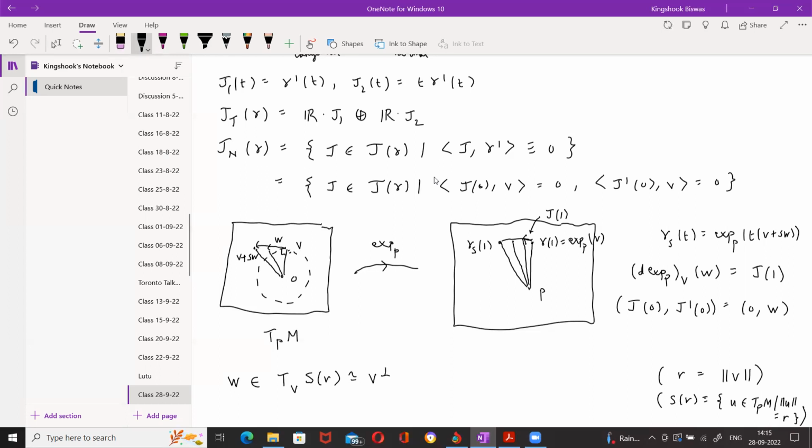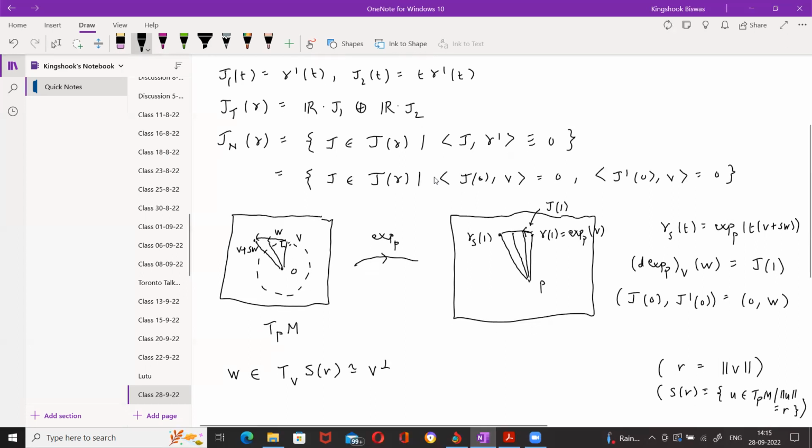Yes. So that's what we have in this picture here. This W is tangent to this sphere. Okay. So if W is in V perp, what does this mean?